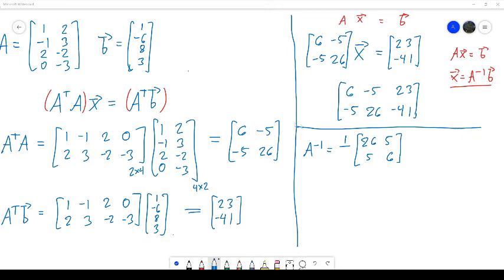That is 131. So we're dividing all these numbers by 131. Now, rather than actually dividing them right now by 131, I'm going to go ahead and set this up. So we're finding x, which is A inverse times b. So we have our A inverse, which I'm just going to keep in this form with the constant on the outside, times b, which is our 23, negative 41 vector.